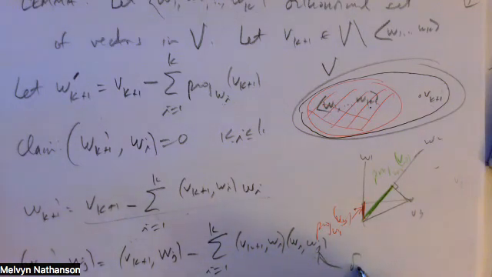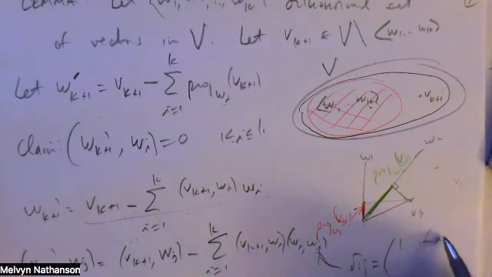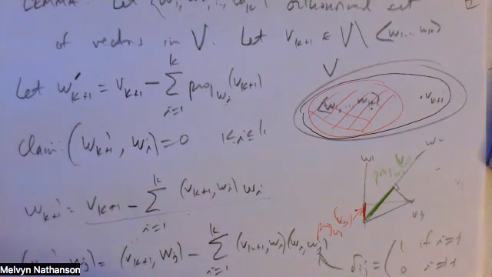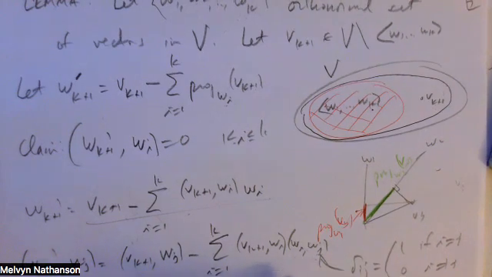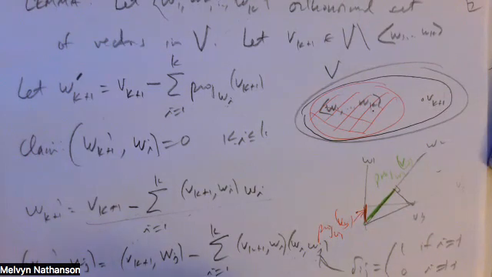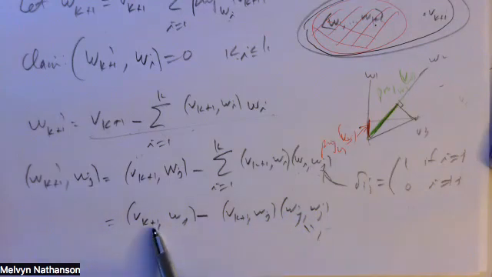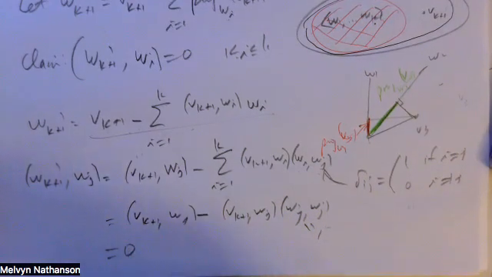This is the Kronecker delta, delta ij. This is 1 if i equals j, and 0 if i is different from j. So for all the i different from j, this is 0. The term doesn't appear. So I get <v_{k+1}, wj> minus, when i is equal to j, <v_{k+1}, wj> times <wj, wj>, but this is equal to 1 because wj has length 1.